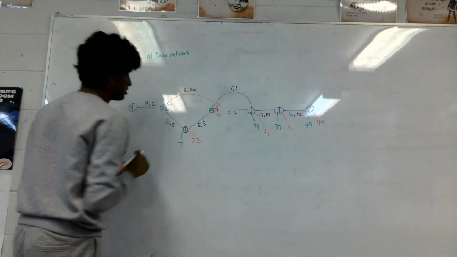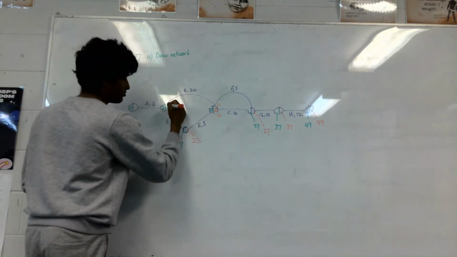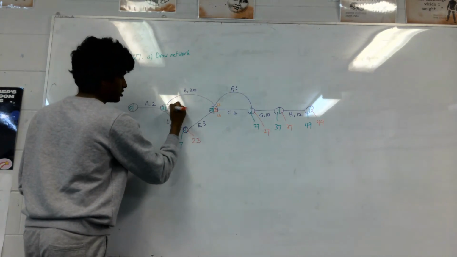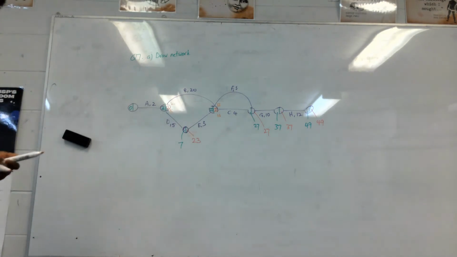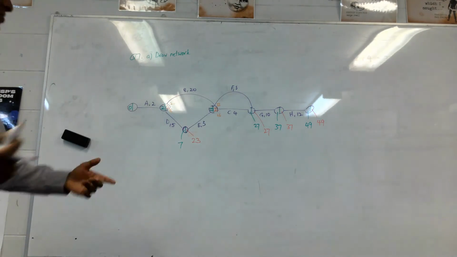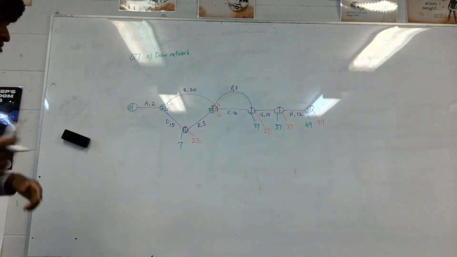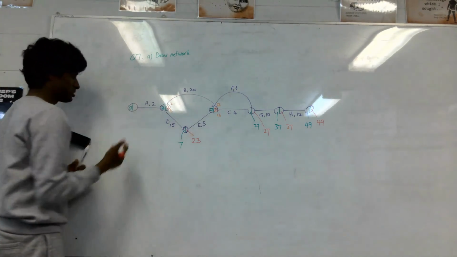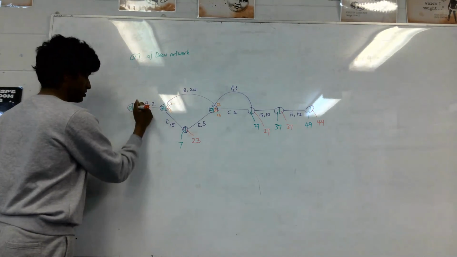So 2 goes there, because it takes the longest amount. More time is taken up for that route. So 22. 22 take 2, so 2 take 2 is 0.